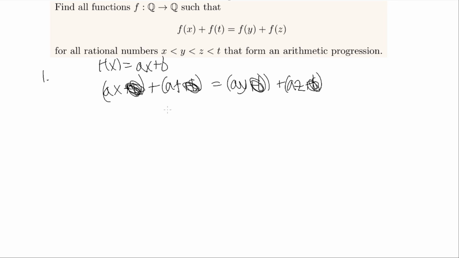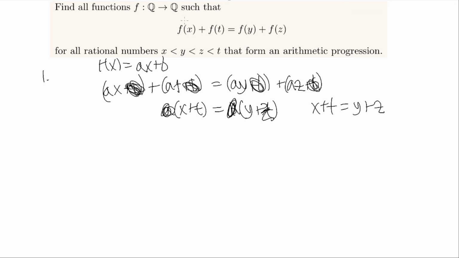What remains is a times x plus t is equal to a times y plus z. And if a is non-zero, then it just cancels out as well. So we need x plus t equals y plus z. Is this true for numbers in an arithmetic progression?